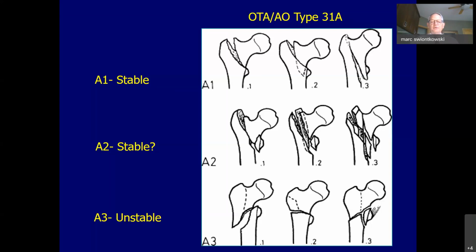I would point out the thickness of the greater trochanteric fragment as being very, very critical. It's often called the lateral wall, and if that section of the intact femur gets very thin, it will create an unstable pattern. And then, of course, the A3, which are all unstable, is the subtrochanteric variation.